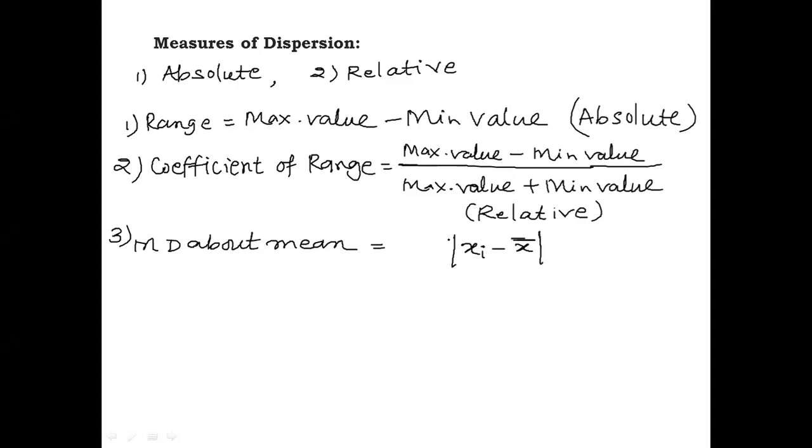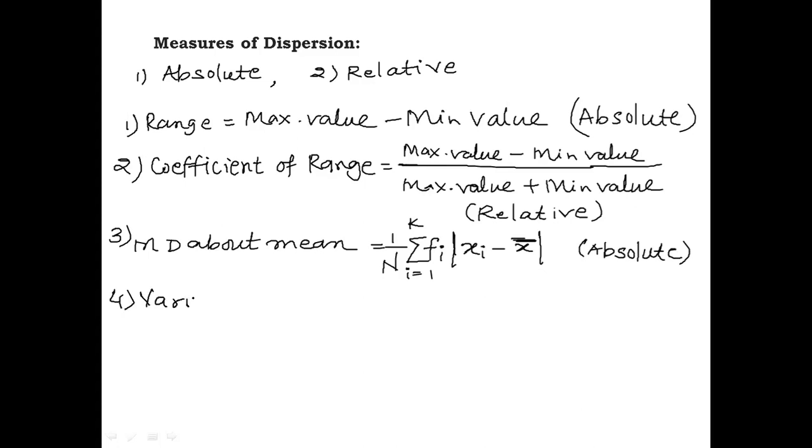This is an absolute value, meaning the deviation of observation xi from its arithmetic mean. Since this xi appears fi number of times, we multiply and take addition over all the k groups. This is to be divided by capital N. This is mean deviation about mean. It will have exactly the same unit as the individual observations have, and hence it will be an absolute measure of dispersion.